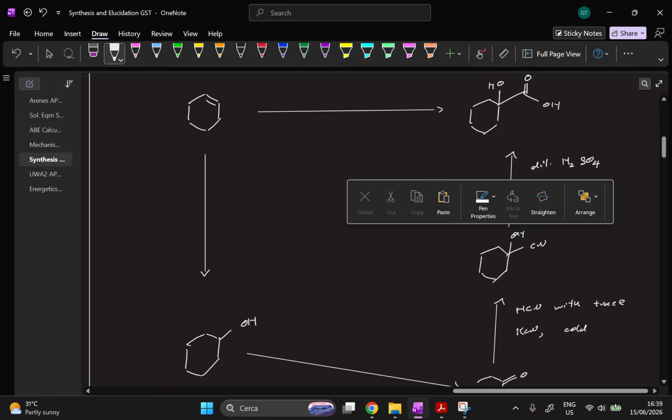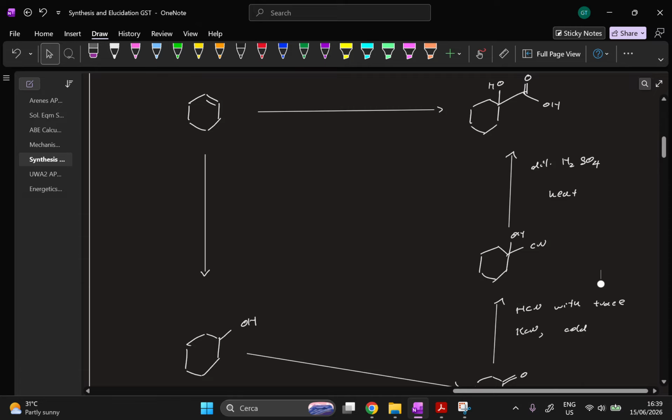Hopefully it's obvious to you, this is some form of electrophilic addition, right? But what exactly do I add? If I add bromine water, Br2 aq, then I'm going to add both Br and OH, but I want to add OH only. So this is going to be electrophilic addition of steam, right? What is steam?